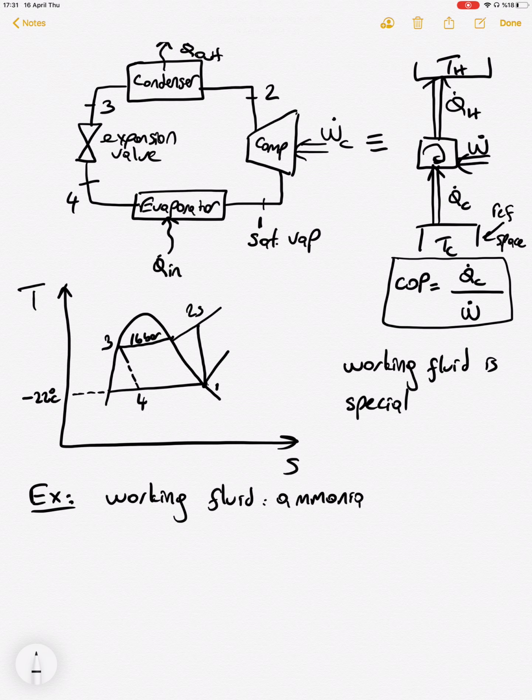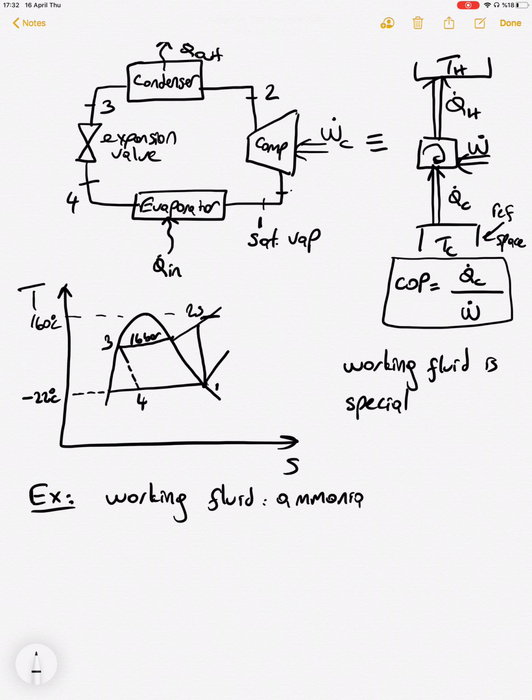There is no significant heat transfer between the compressor and its surroundings, and the refrigerant passes through the condenser and evaporator with a negligible change in pressure. So we neglect the pressure drops in both the condenser and the evaporator.